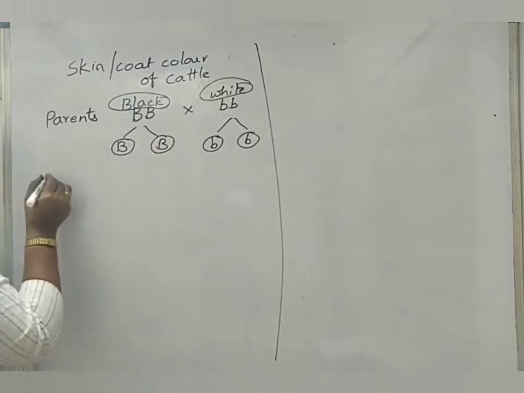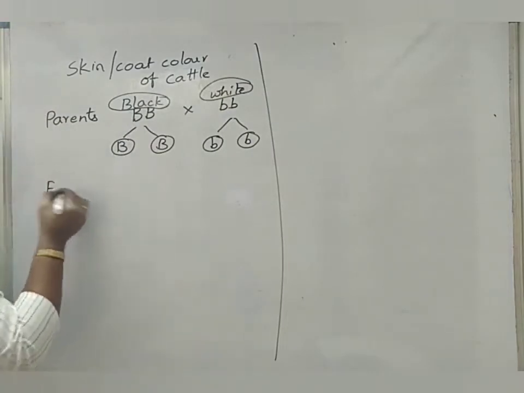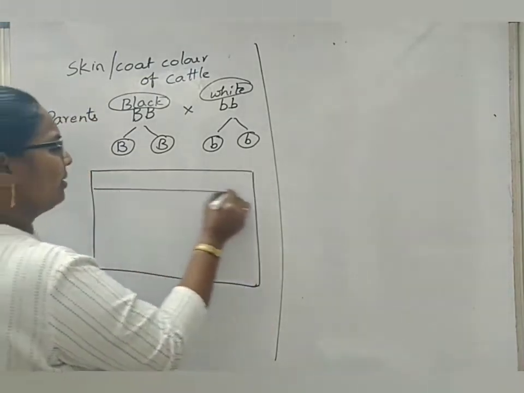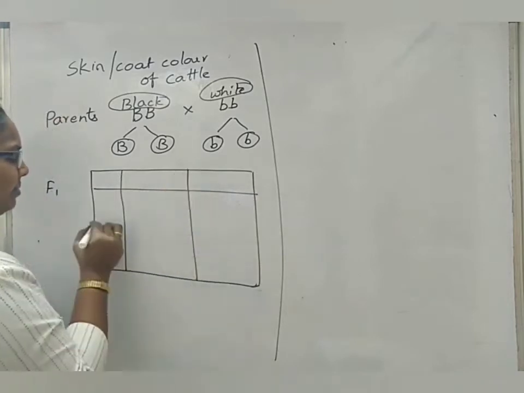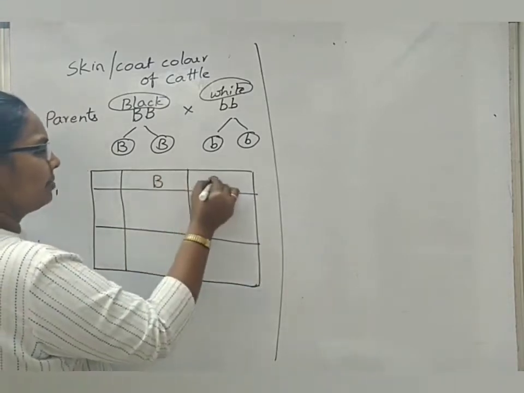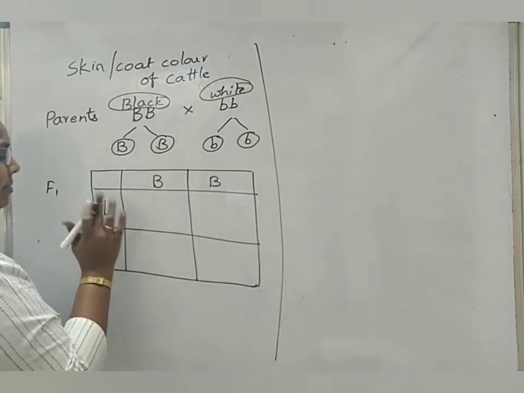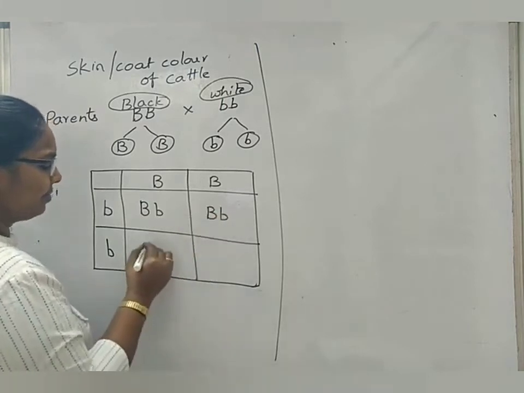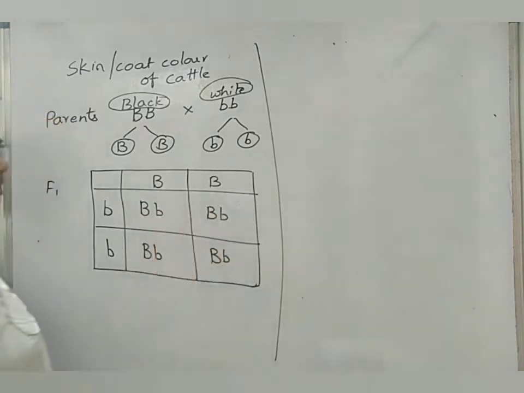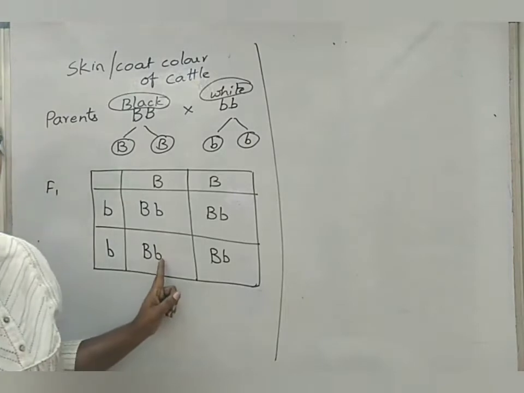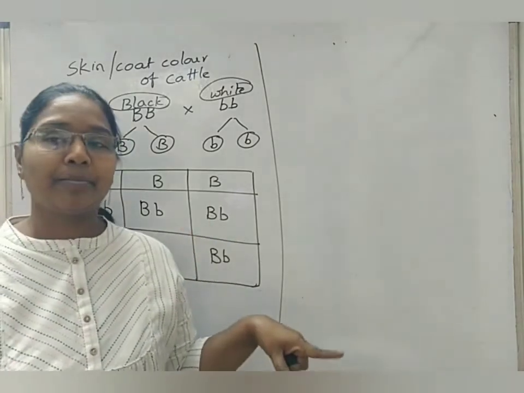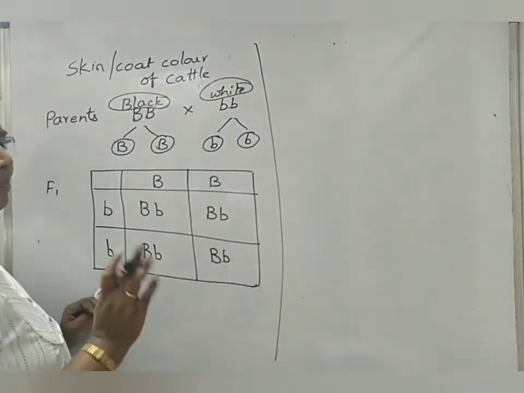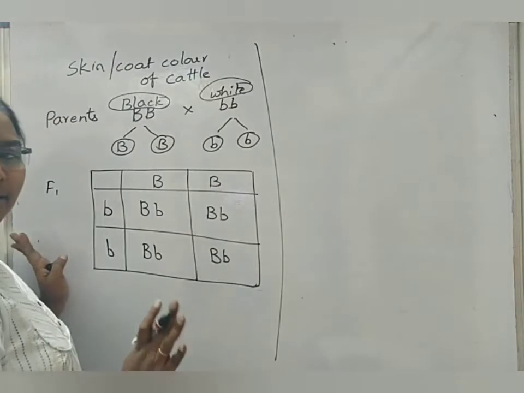After obtaining gametes, in the F1 generation, if we draw the Punnett square, the genotypes are like this. It doesn't mean, as in incomplete dominance in fowls, that capital B is considered dominant. It is not like this. Here we are just taking one example for our codominance explanation.